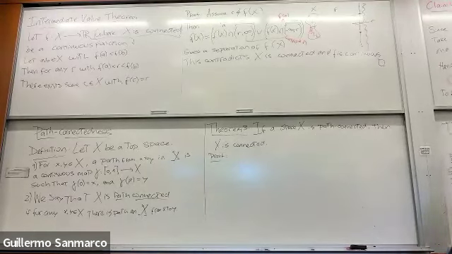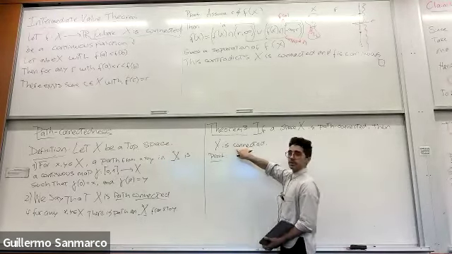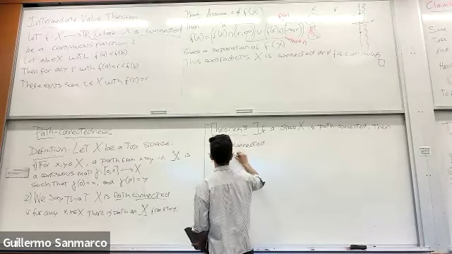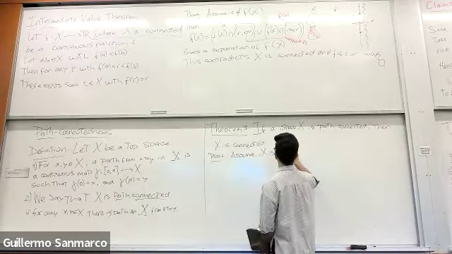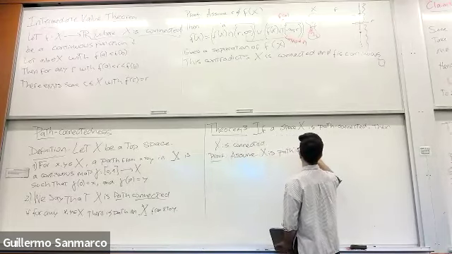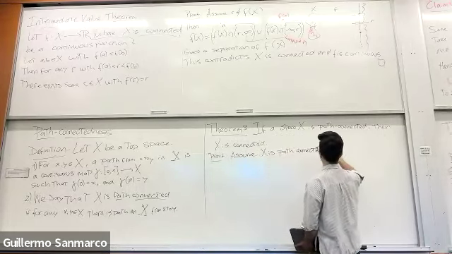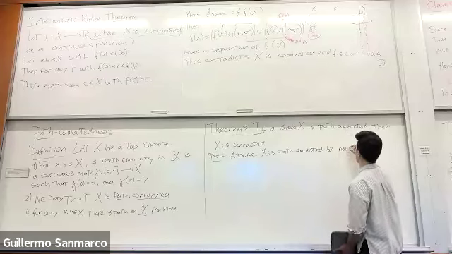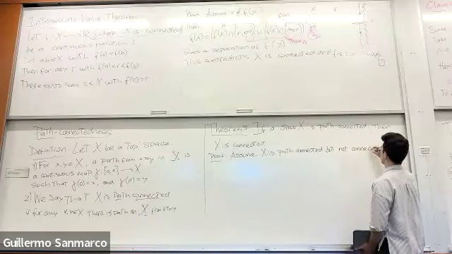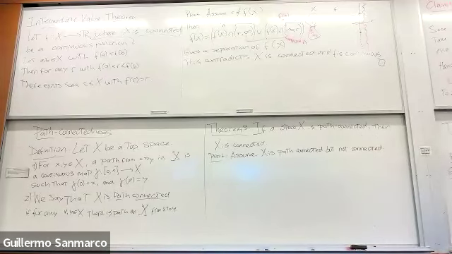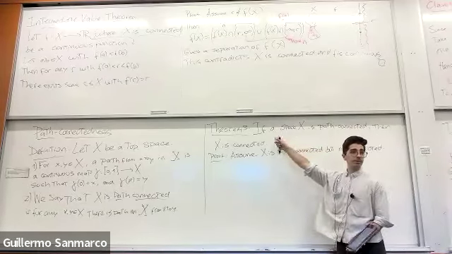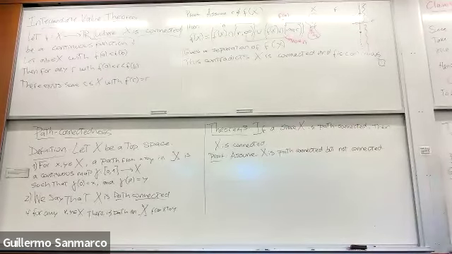I'm not going to go with a contrapositive. I'm actually going to use a contradiction. So assume X is path connected but not connected. Whenever you prove an implication by contradiction, you assume P and not Q. That's what I'm doing here, and I really need both.